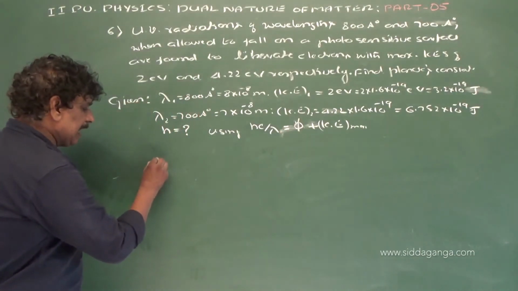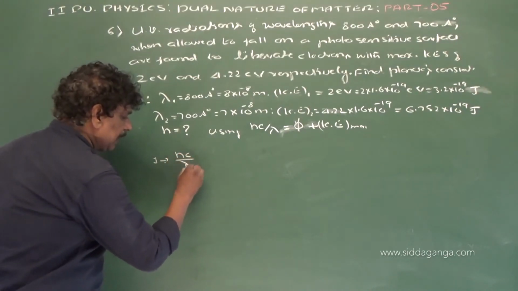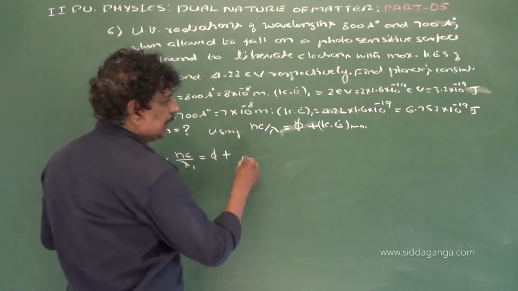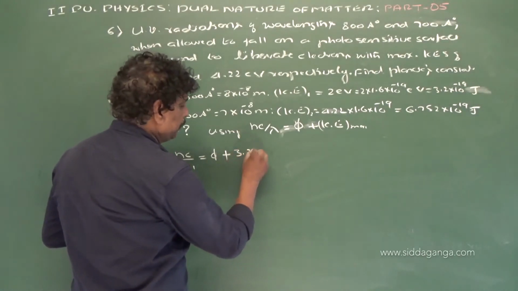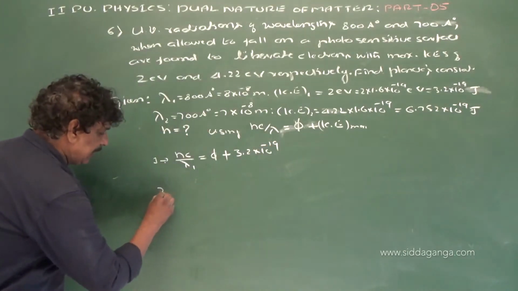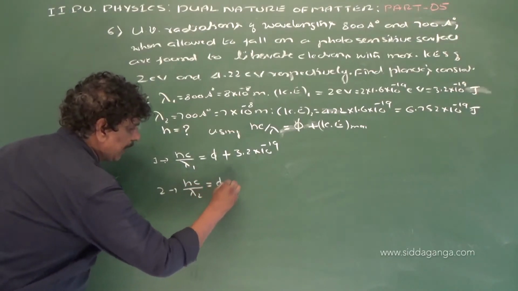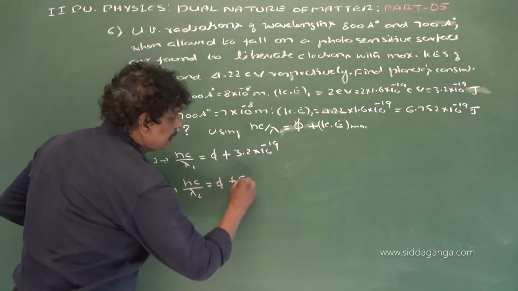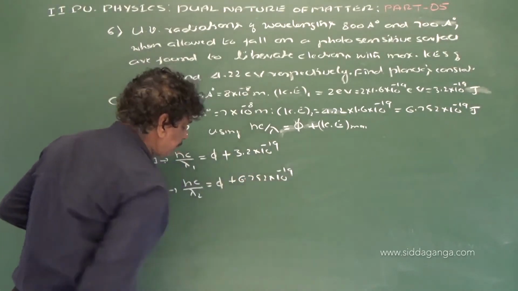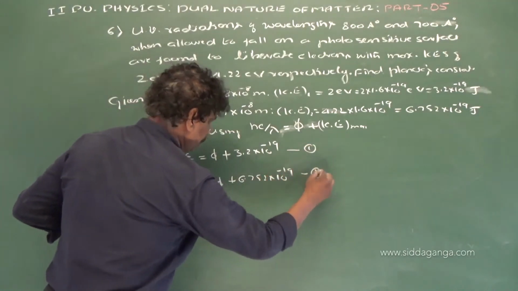Now, in the first case, we have hc by lambda 1 is equal to phi plus 3.2 into 10 power minus 19. In the second case, hc by lambda 2 is equal to phi plus 6.752 into 10 power minus 19. Now, let us take this as equation 1 and this as equation 2.